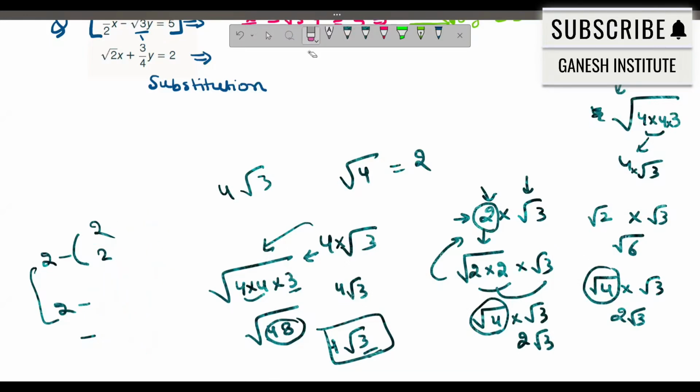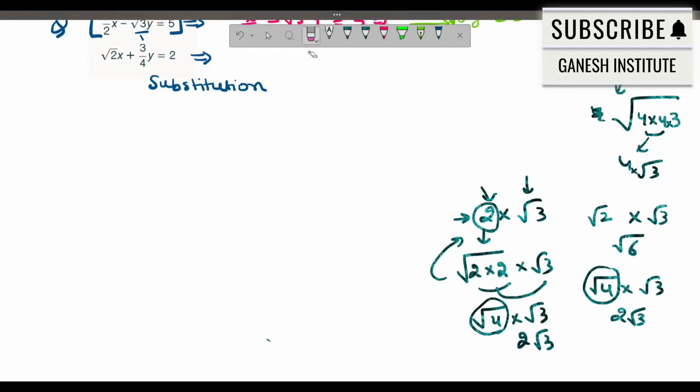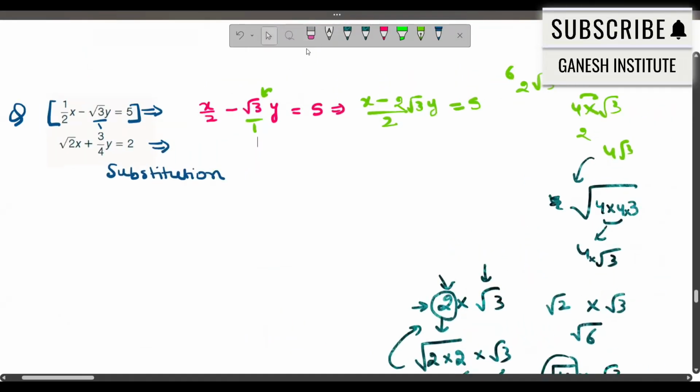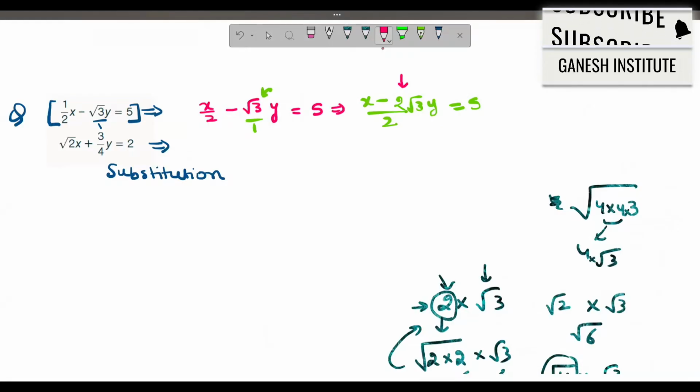So what I'm doing, I'm multiplying the LCM part. So see here, if I do, this is 2 root 3, whole number outside and the power. I multiplied. What will be the next step?